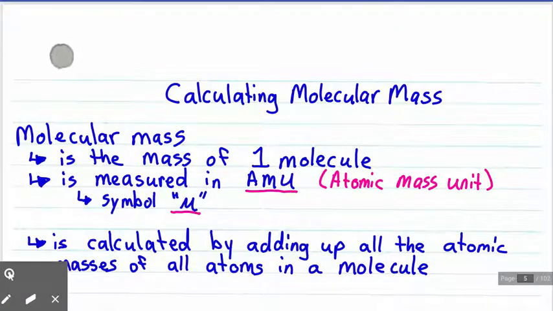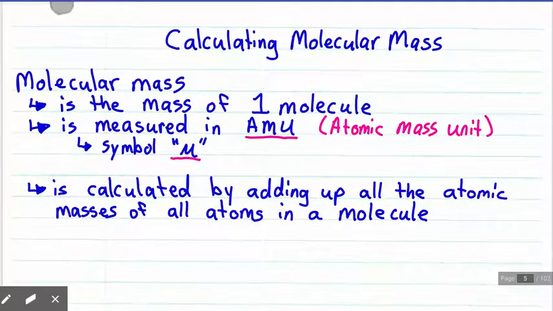And that should make sense to us because we know our atoms have a mass and we know our atoms bond together to form a molecule. And so if we wanted to know the mass of the molecule, we just add up the masses of all the atoms that make up that molecule. So if you don't have this copied, just hit pause, get it copied.